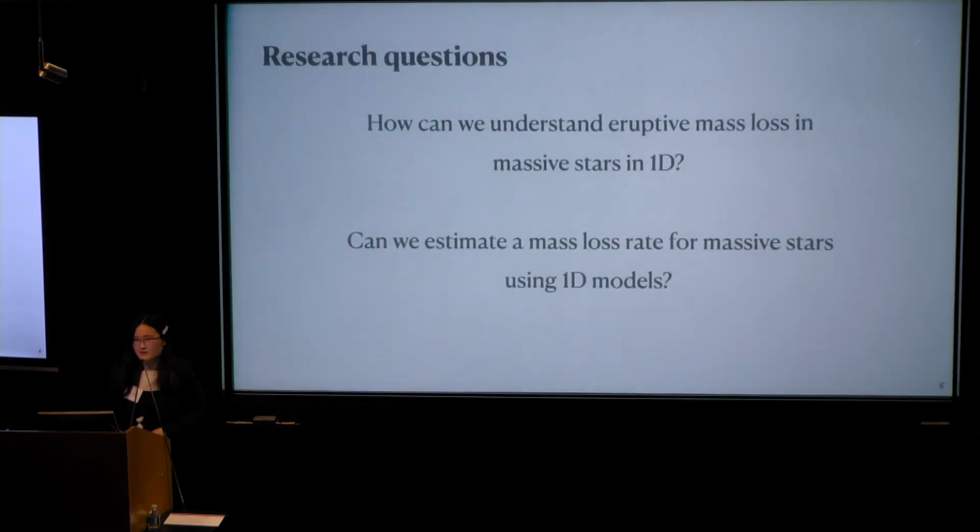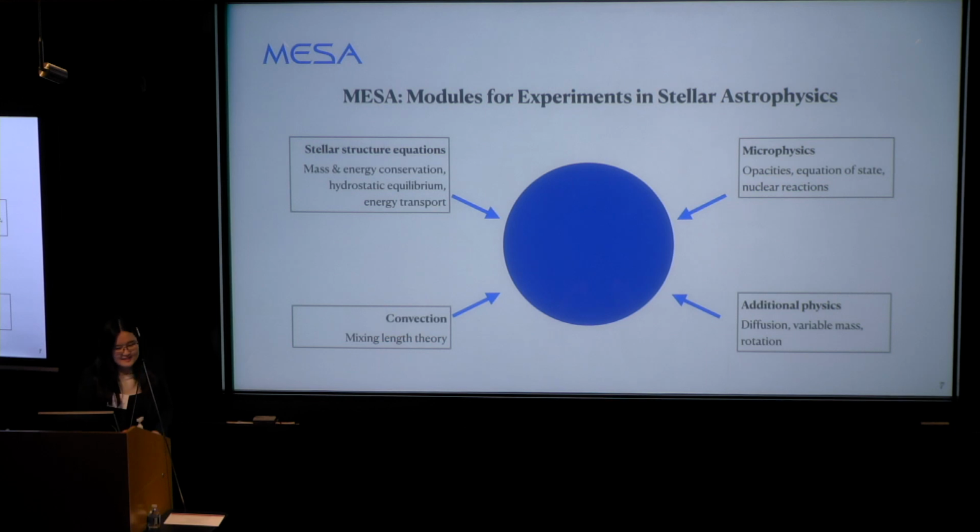So firstly, how can we actually understand eruptive mass loss in massive stars in 1 dimension? And can we estimate a mass loss rate for massive stars using 1-dimensional models, right? The main tool for this is something called MESA, Modules for Experiments in Stellar Astrophysics. And this code is very sophisticated.